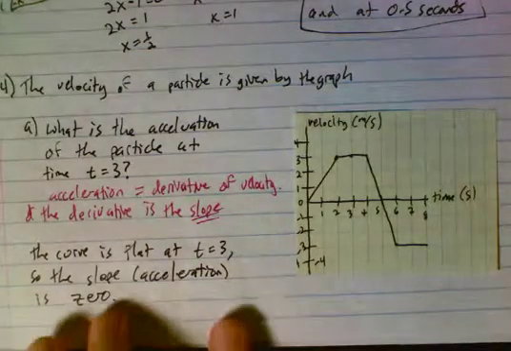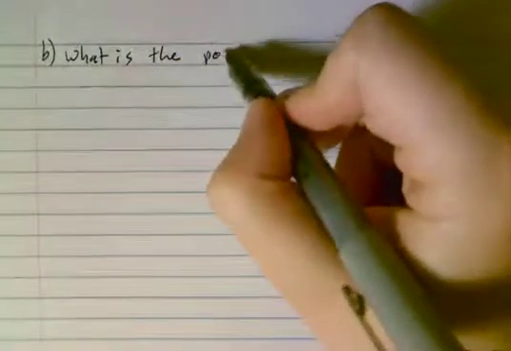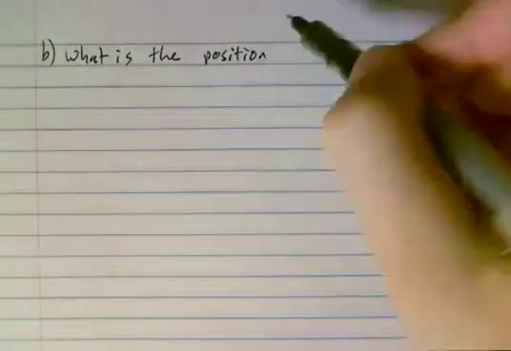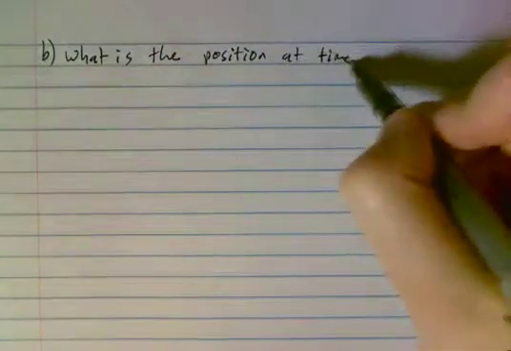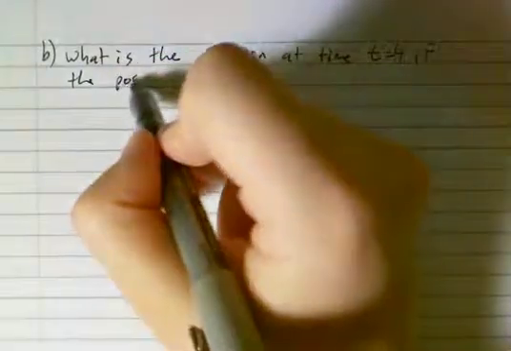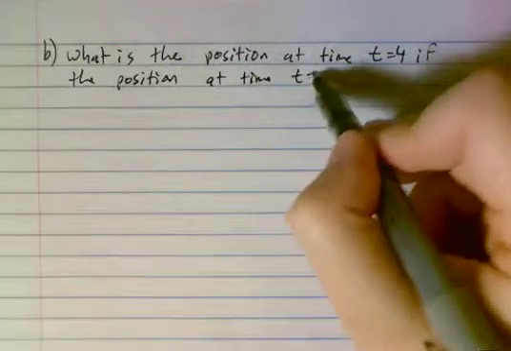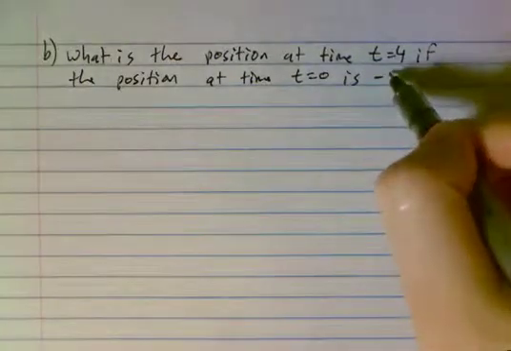There are a bunch more questions we can ask with this. I'm going to bring a little graph along for the ride. What is the position at time t equals 4 if the position at time t equals 0 is -1?